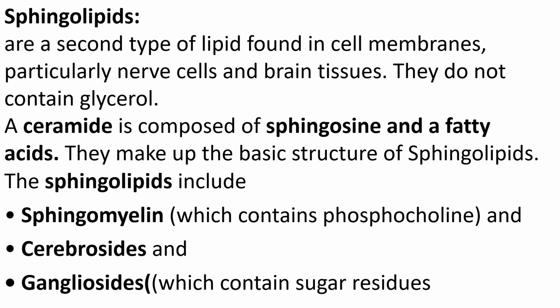It can be a sphingophospholipid, or they are simply sphingolipids. Sphingomyelin is a sphingophospholipid. It contains a phosphocholine molecule attached to it, and other sphingolipids are called cerebrosides and gangliosides. So we will discuss these one by one.